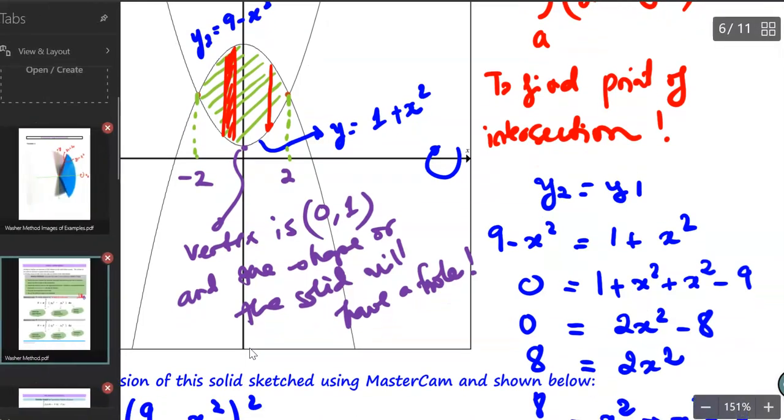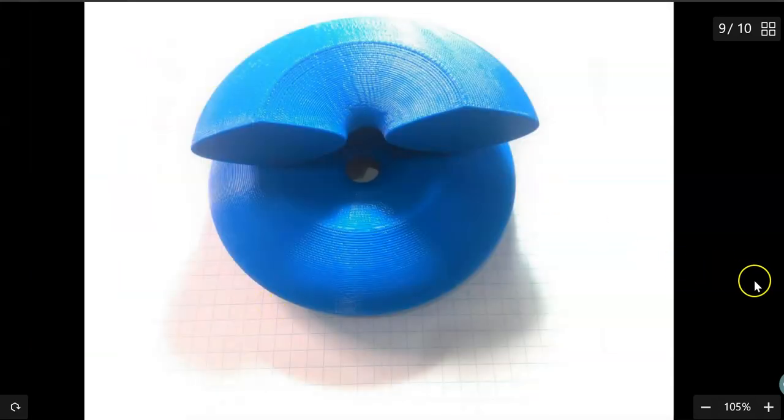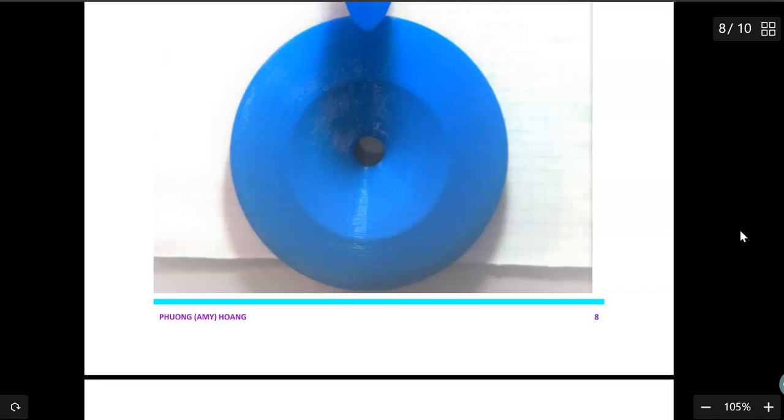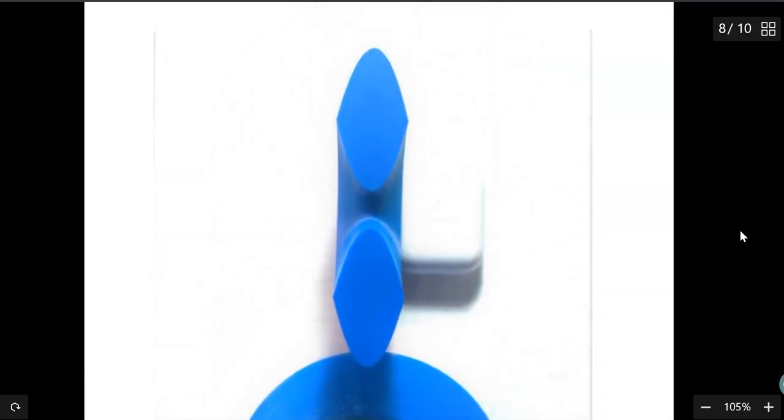Let's go back and see the shape again. This is the shape that we are supposed to generate, according to the area that we worked with. Again, here we have the y-axis.